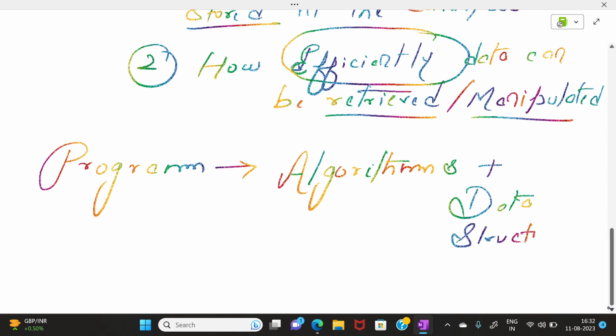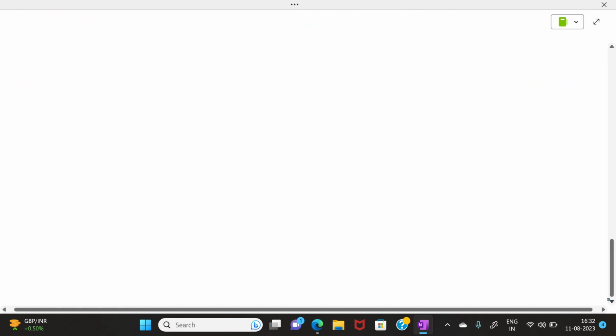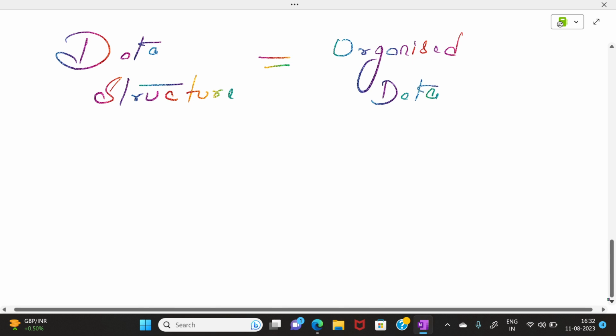Okay, so algorithms are important, and in the same way, the data structures are also important. So for algorithms also, I have designed a lecture series. Do look into that, but right now we are focused on the data structure. Okay. So data structure means organization of data and storage. If you talk about data structure in simple layman terms, it is organized data plus efficient operations that can be performed on the organized data.